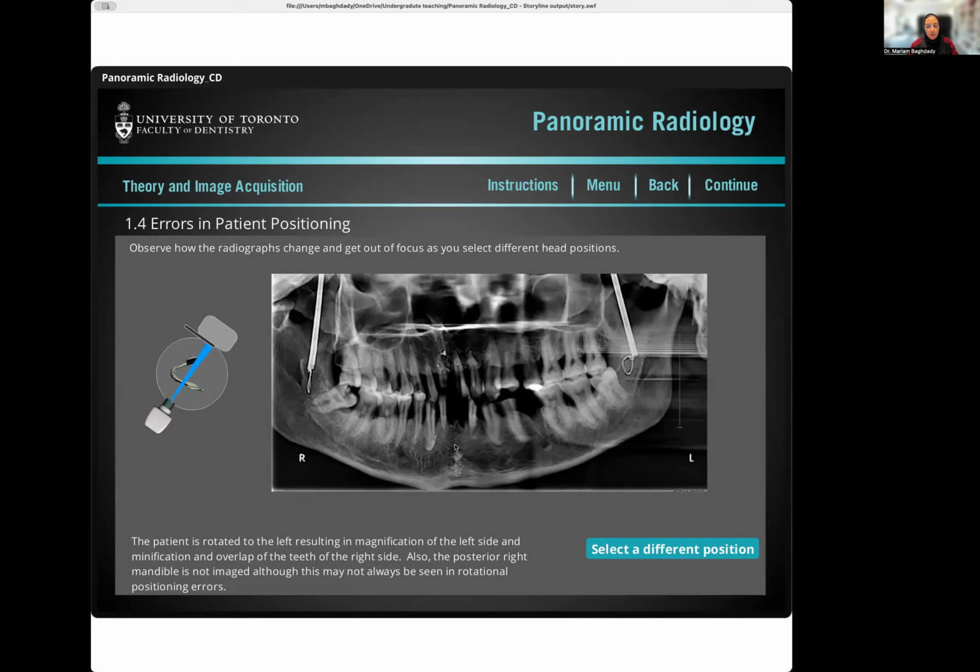Boom. Basically, one side is magnified because it's further away from the film, and the other side is minified because it's closer to the film. And what we get is asymmetry between both sides, right?